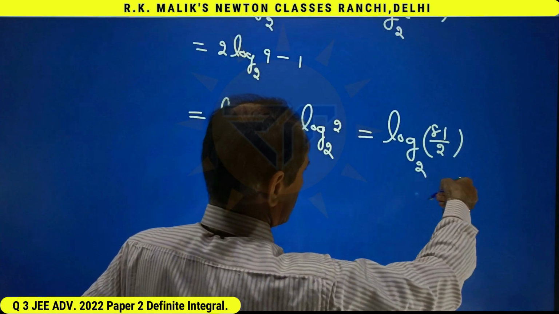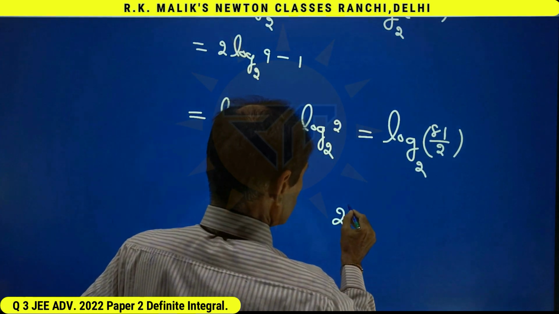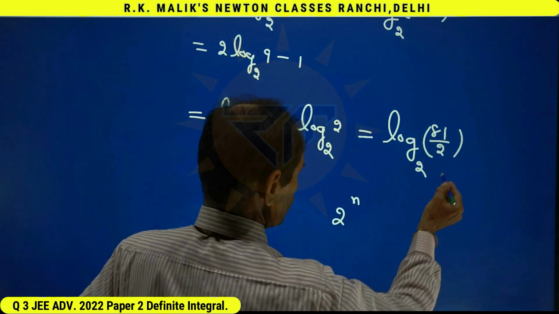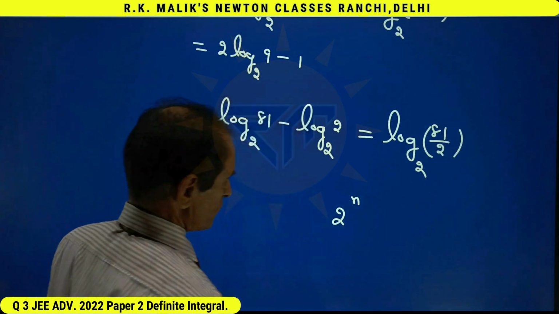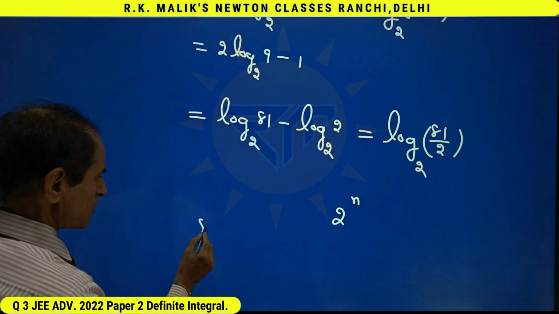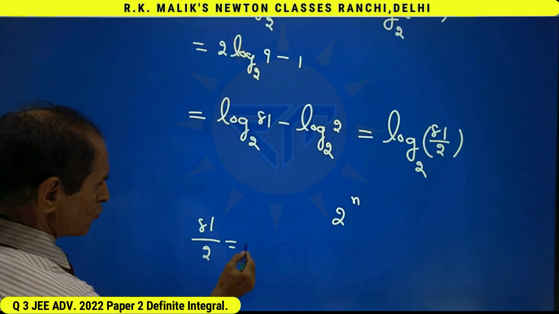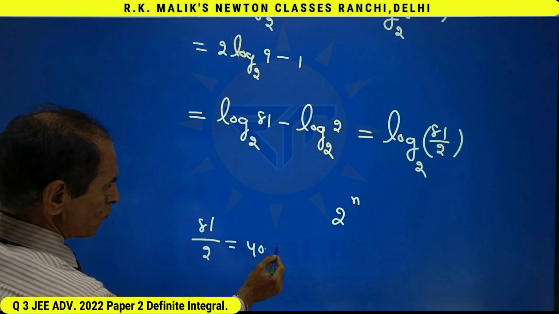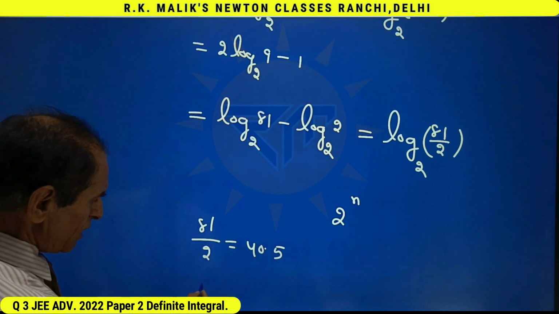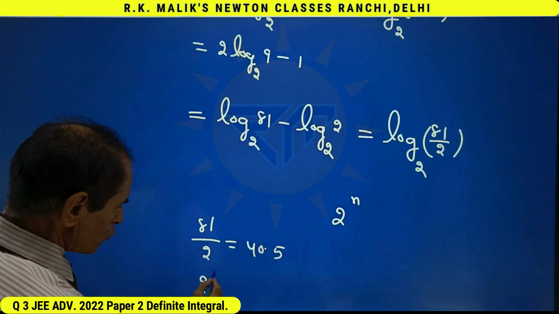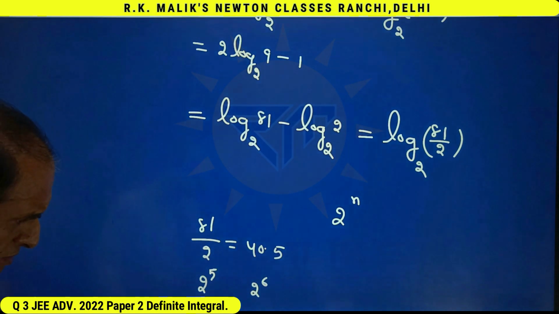And to find the integral part of this, find a number in the form of 2 to the power n which is more than this and which is less than this. It is clear that 81 by 2 is equal to 40.5. Therefore, it clearly lies between 2 to the power 5 and 2 to the power 6.